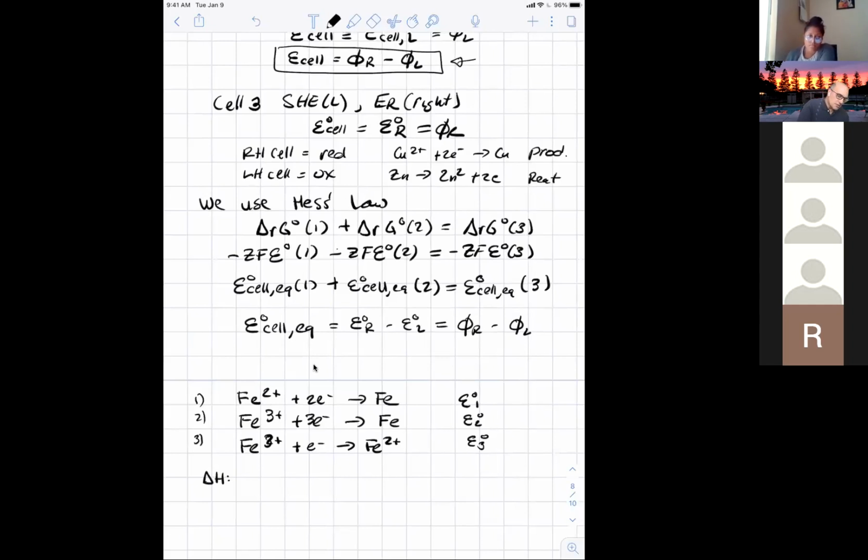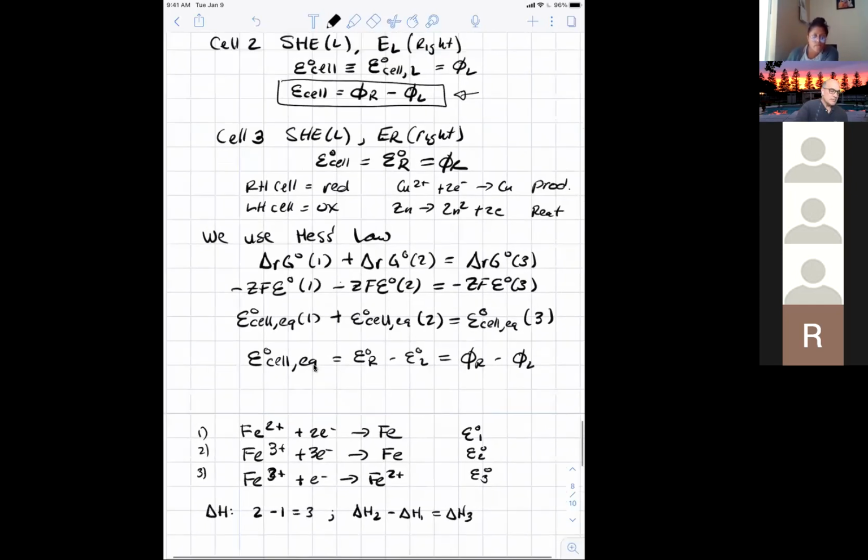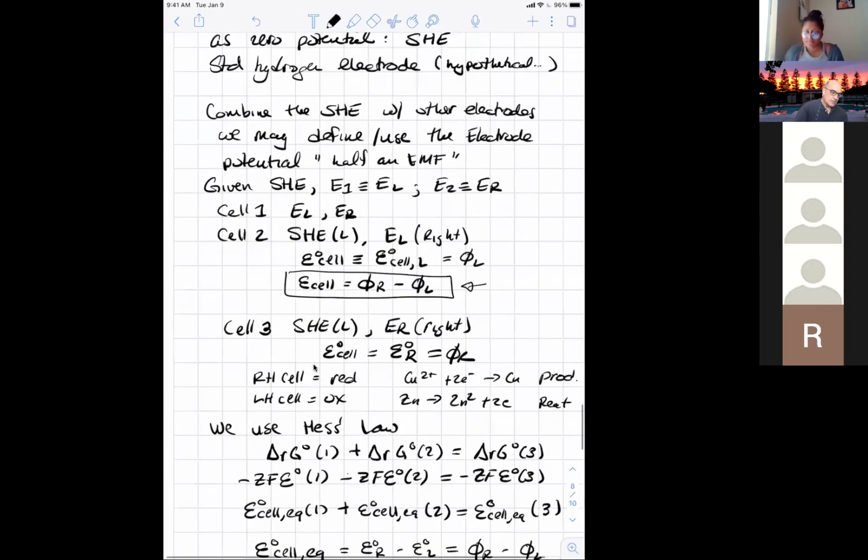In other words, 2 minus 1 equals 3. In other words, delta H2 minus delta H1 equals delta H3. And that's what we did up here. That's how we started this.